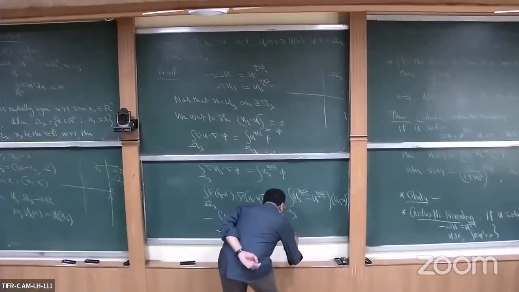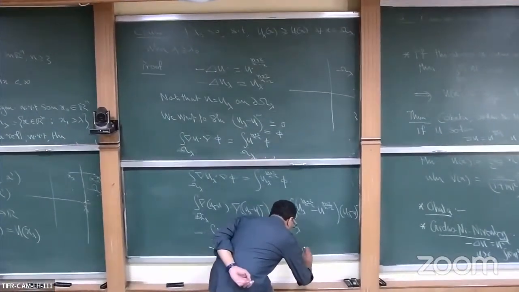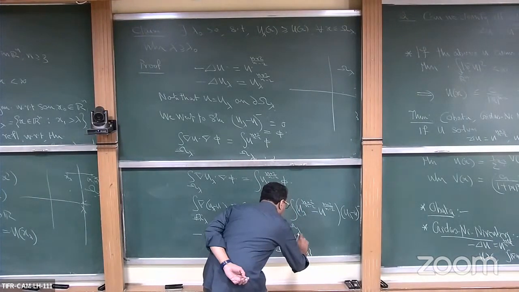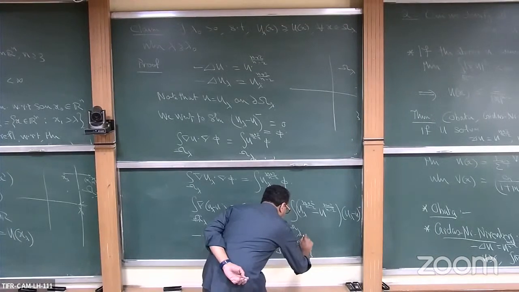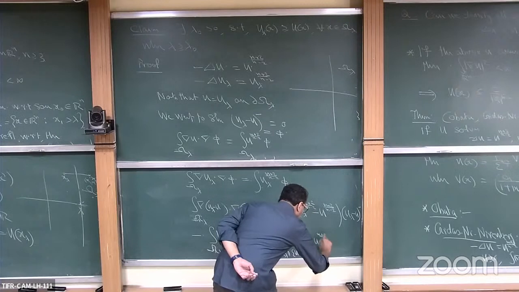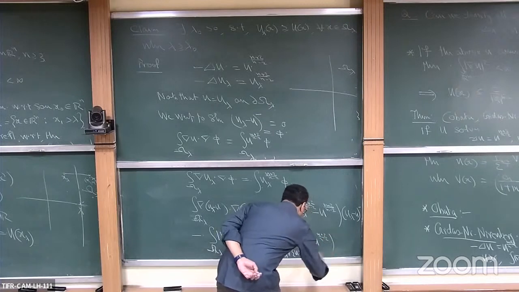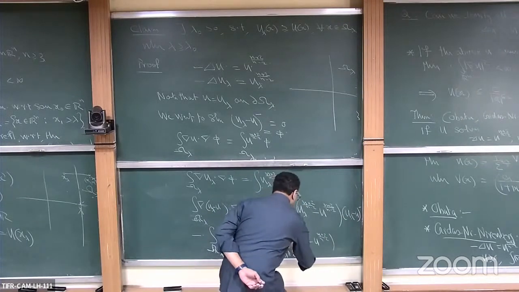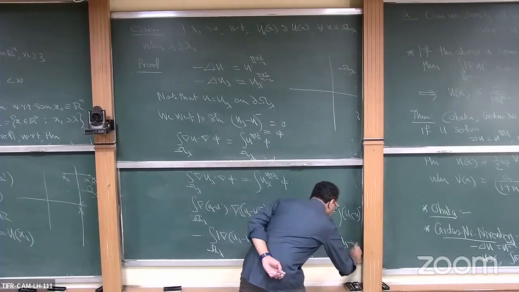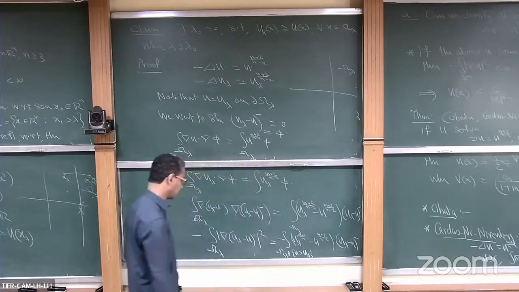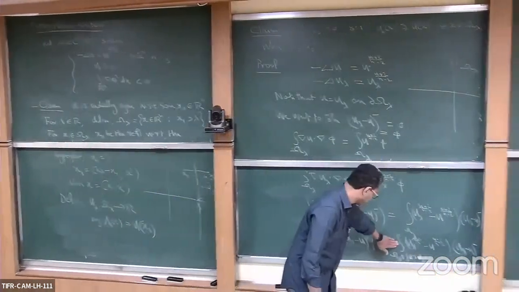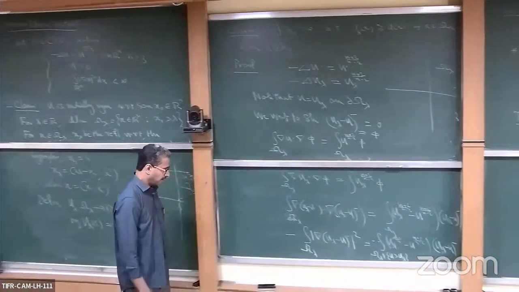Then I have this u lambda to the power (n plus 2)/(n minus 2) minus u to the power, this into, there will be a minus sign coming here.